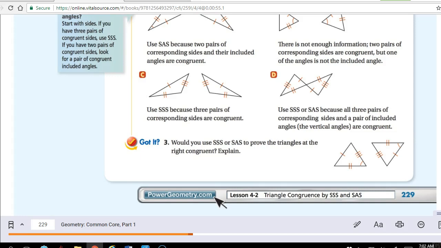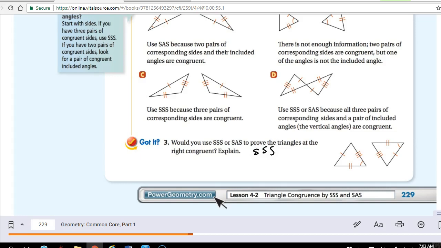However, the angle here is between side 1 and side 2, whereas here the angle that's given is between side 2 and side 3. That does not make them match up like they need to be able to use side, angle, side. So we would use side, side, side for this particular problem.